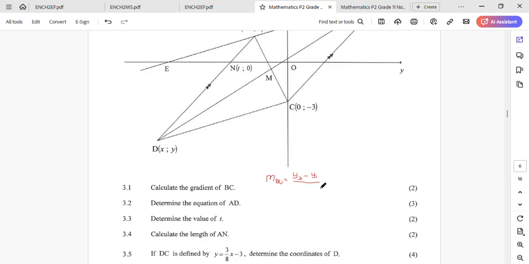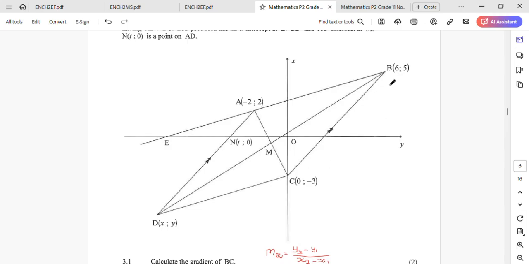So y2 minus y1 over x2 minus x1, which is y2 is 5 minus 3.